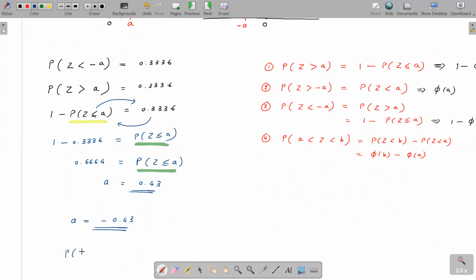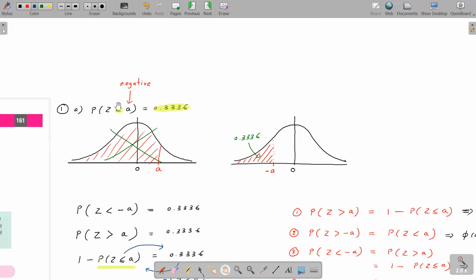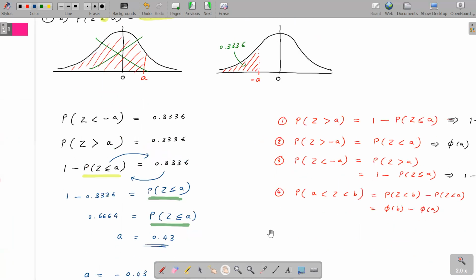So the probability Z is less than minus 0.43 is 0.3336. So the A value that we are required to provide here is the negative 0.43, not the positive one. I hope you understand why that's going on.